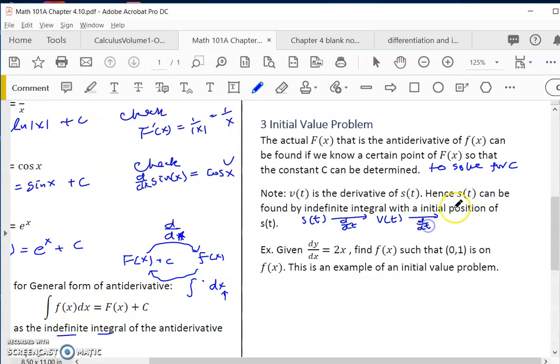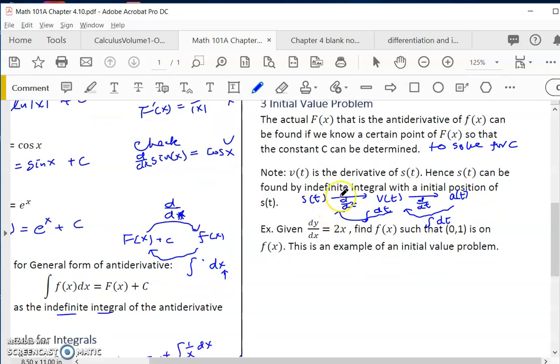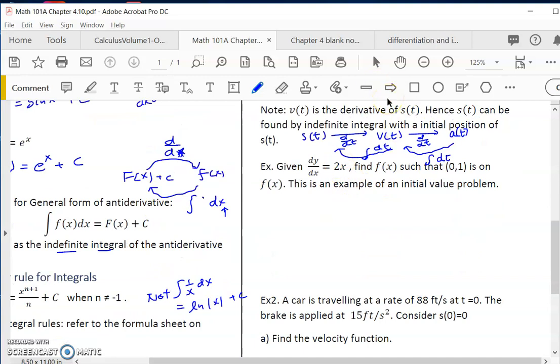This is the change of velocity, which is acceleration. So now, in the initial value problem for this kind of question, you will be given a of t, and then you can do the integral dt to get back to velocity, and then do the integral dt again to get back to the position. Okay, so this is a word problem related to motion.